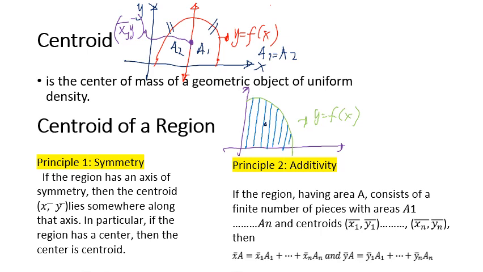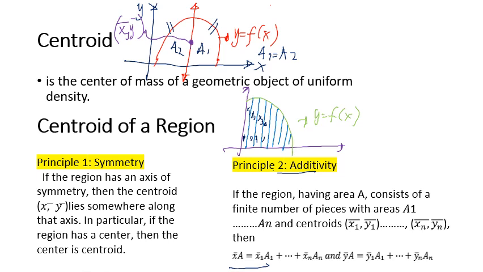Here we want to get the x bar. If you want to get the x bar, you need to consider area 1, using the additivity. This is x sub 1. Area 2, this is x sub 2. Area 3, this is x sub 3.